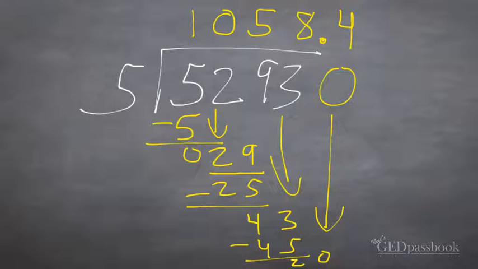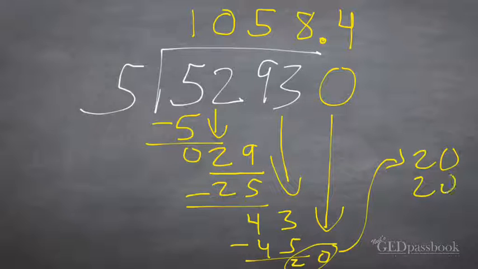To create, let me bring this over here. 20 exactly, right? With the remainder of 0, which is what we're always trying to get. So the trick with division is, if you ever have a remainder, create that decimal, create that 0, and then bring down that 0.